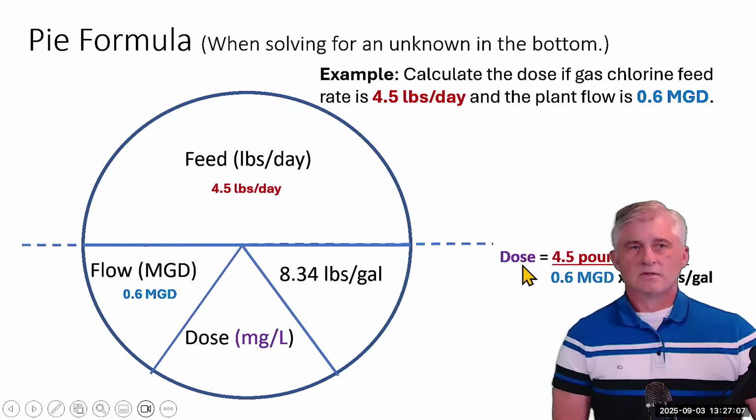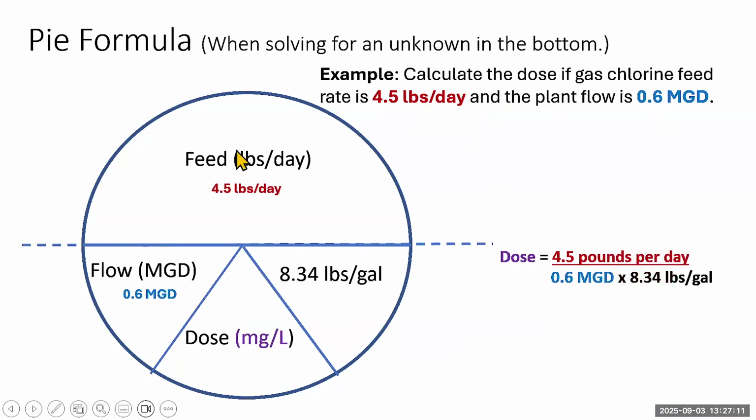So then our dose, and we had figured this out before, is equal to the feed divided by the flow times the weight of the water. So that gives you the bottom. In this case, when using this pie formula, you can solve for any of these 3 by putting the top above the fraction, on the top of the fraction, and then the other 2 factors multiplied on the bottom.